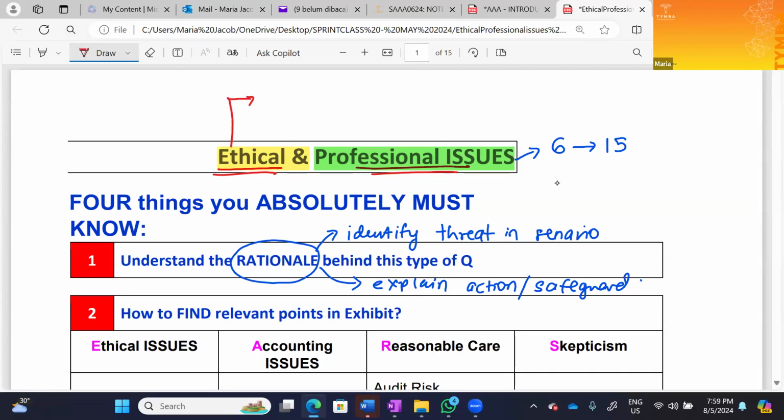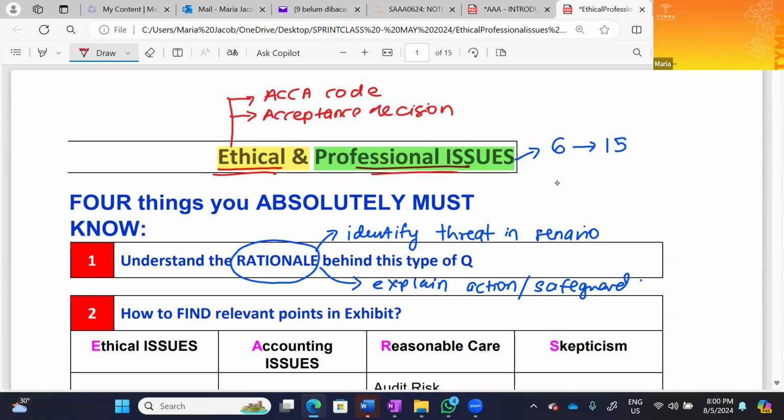related to your ACCA code. Okay, it is going to be relevant to the ACCA code. Now, if it is on a professional issue, let me just explain the ethical issue first. ACCA code, it could be something to do with your acceptance decision.